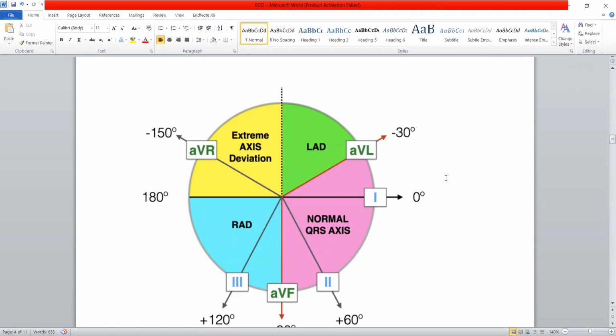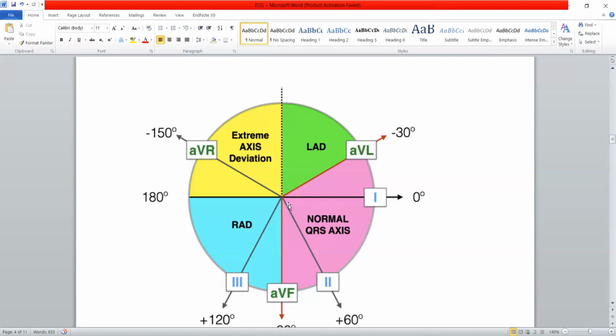So now we are looking at an ECG. We are looking at lead 1. In lead 1, the QRS complex is positive. And in lead AVF, it is positive. In lead 1, if the QRS complex is positive, it means the current is flowing towards lead 1.